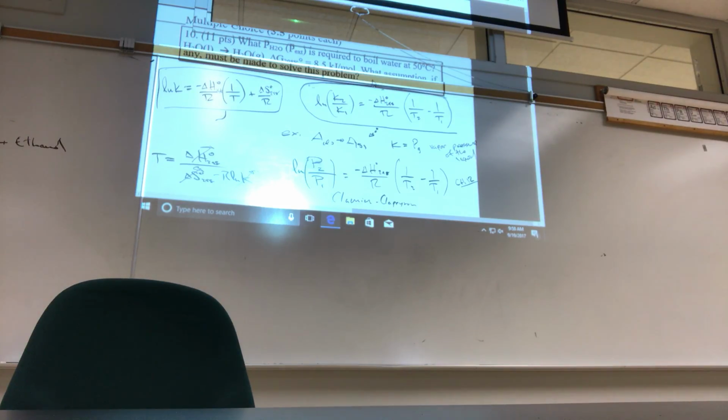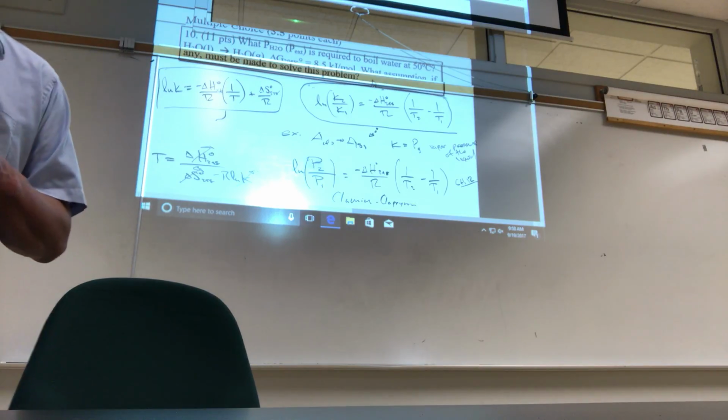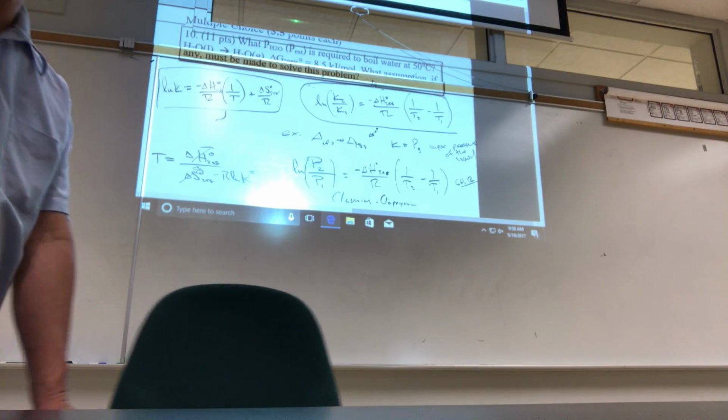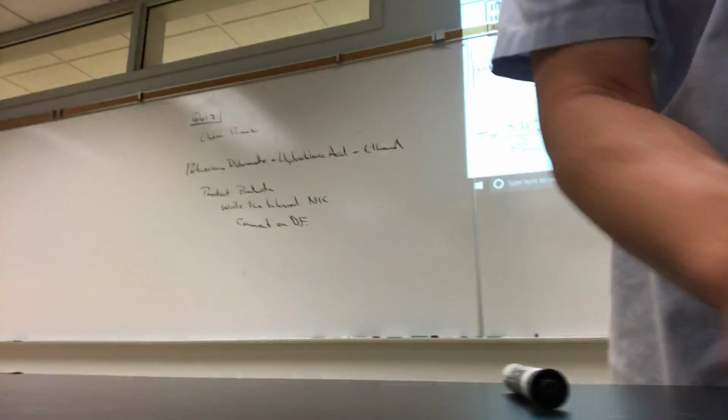So predict the product means write the balanced chemical reaction for this. You can do it in net ionic form. Write the balanced net ionic equation. Then I want you to comment on the driving force for this. In other words, what do you think the driving force is going to be in terms of relative strength of driving force or relative driving force?